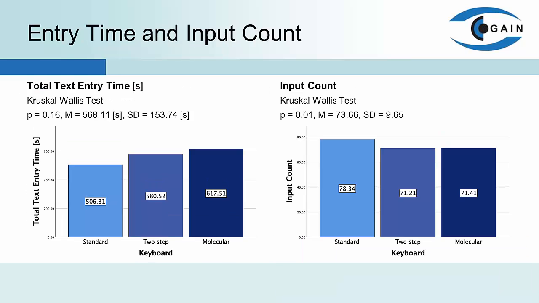Notice that the total time of text entry, which is supposed to be twice larger for two-step keyboard because it requires double dwell time acceptance, is of the same order of magnitude for all GTE methods. Similarly, for the total number of inputs, the value for two-step keyboard is not the largest.